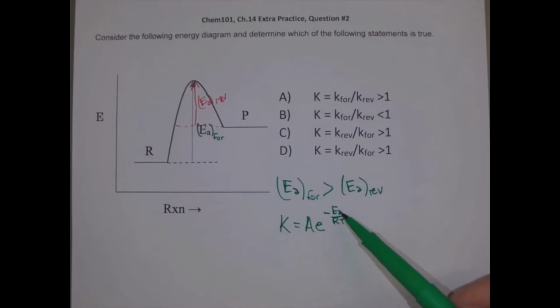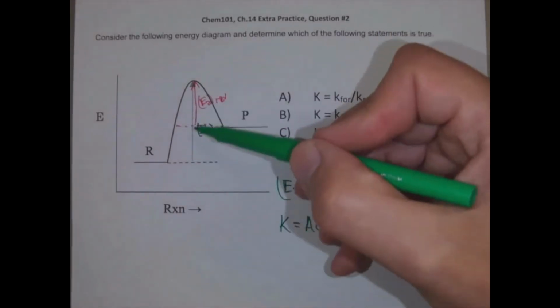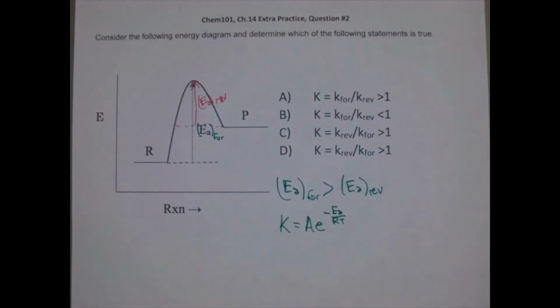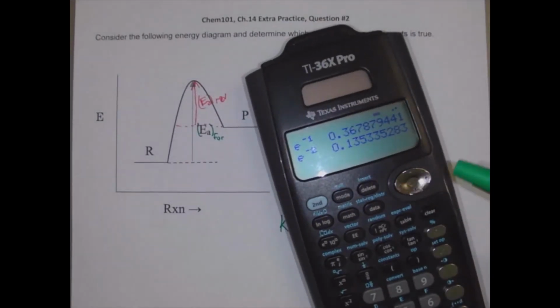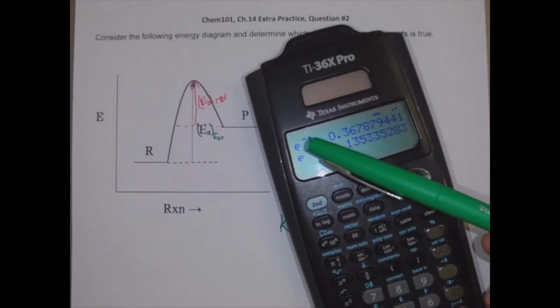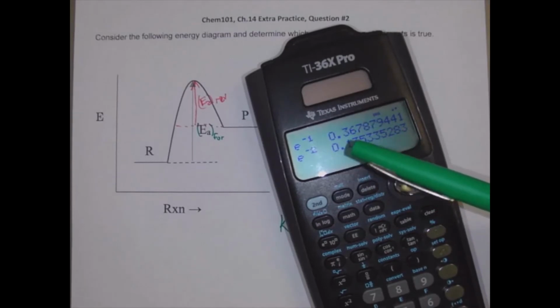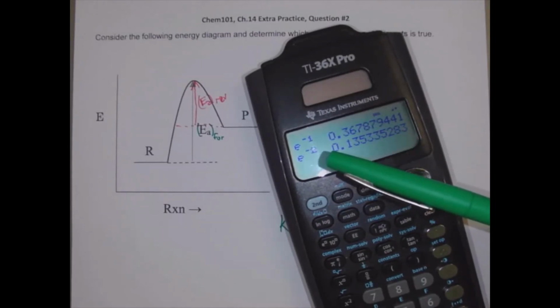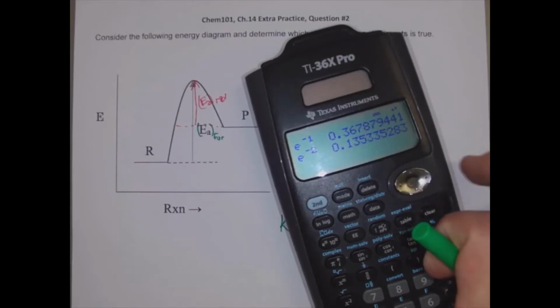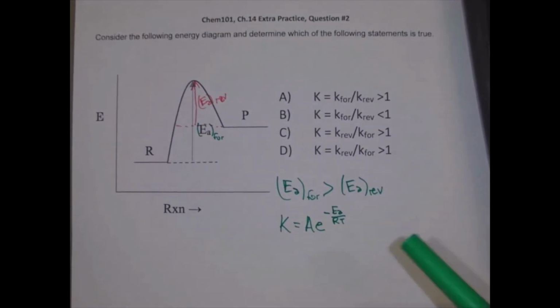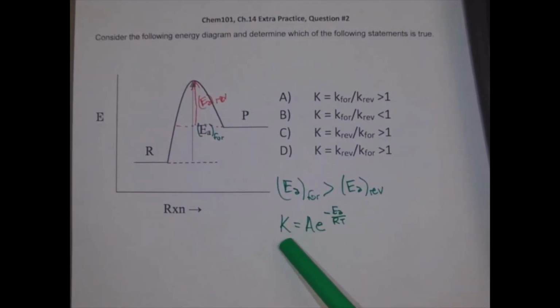The larger the energy barrier, the smaller the rate constant. If you want to prove that to yourself, you can just plug it into a calculator. For example, e to the minus 1 is 0.367, but e to the minus 2, a bigger number in the exponent, gives a smaller result, 0.135. So a larger activation energy results in a lower rate constant.